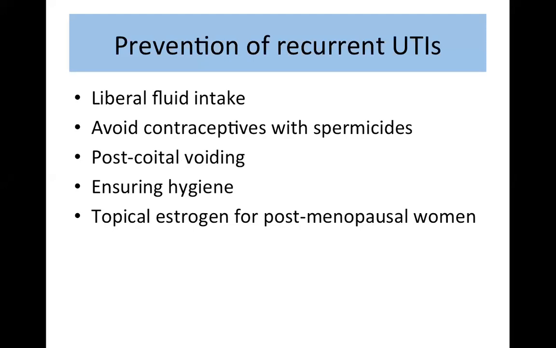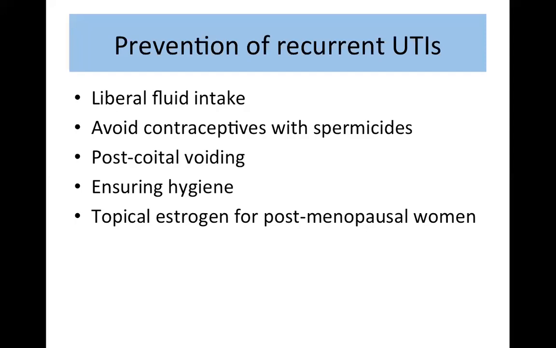And as I told you, sexual intercourse is one of the main risk factors why females in the sexually active age group get urinary tract infections, and one way to avoid this is by asking them to do postcoital voiding. So after intercourse, they have to go to the washroom and empty the bladder.